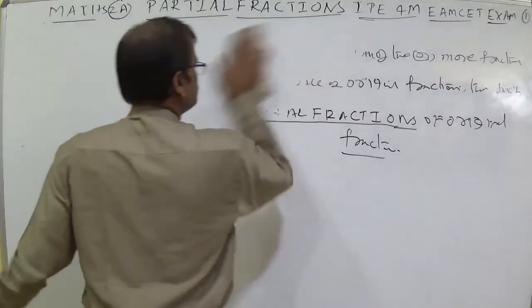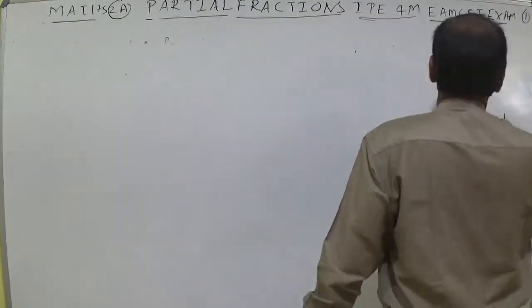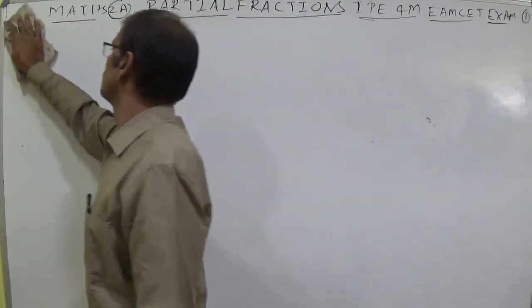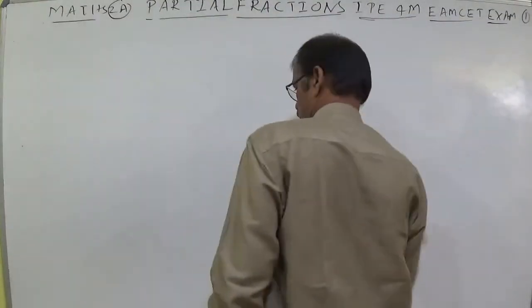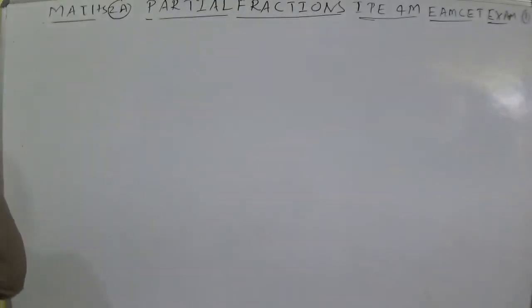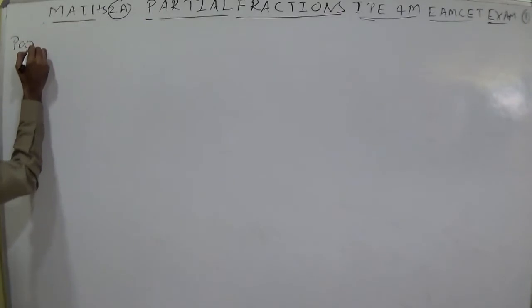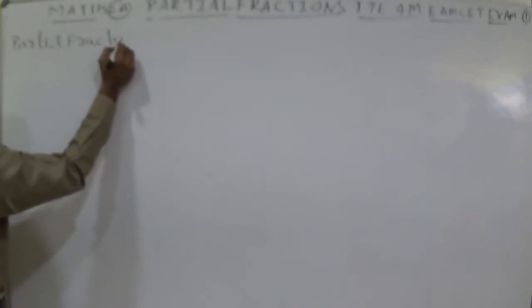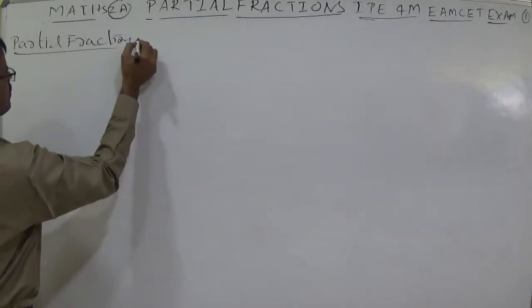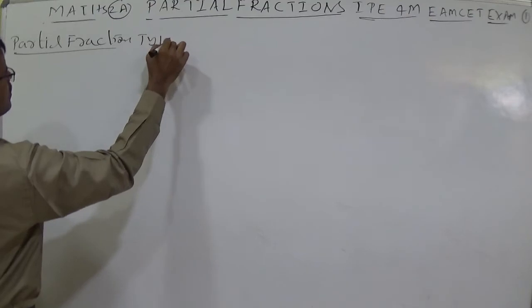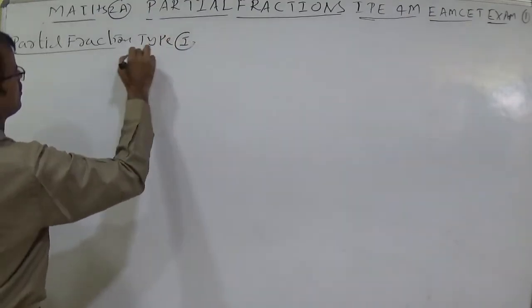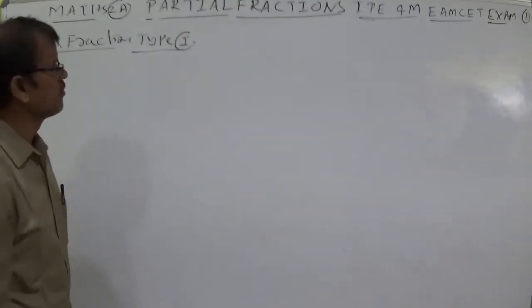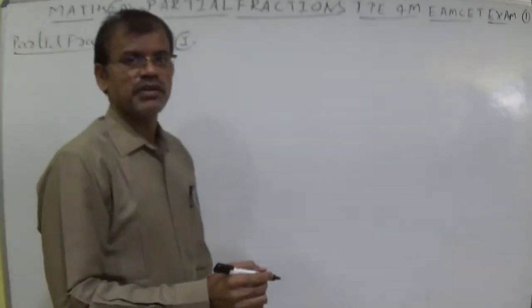Working rule. Partial fractions type 1. What is type 1 here?